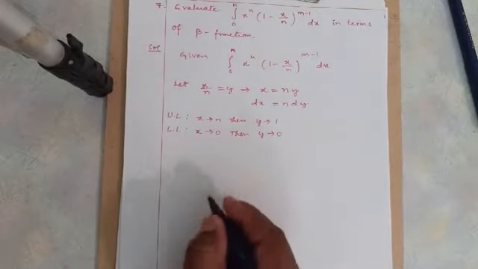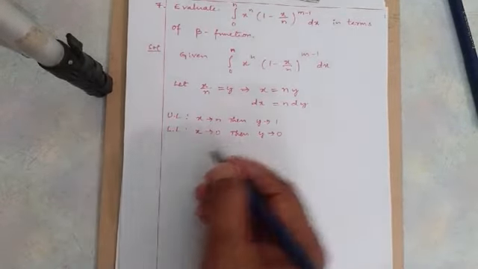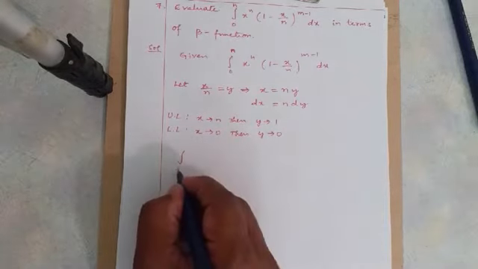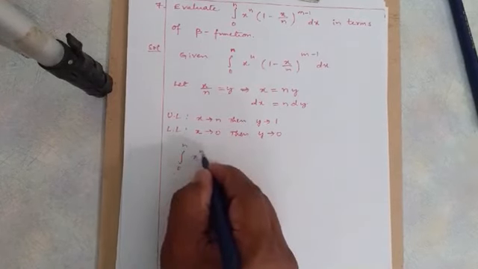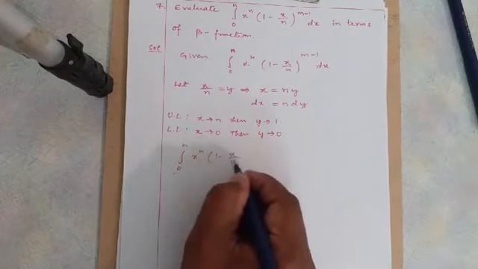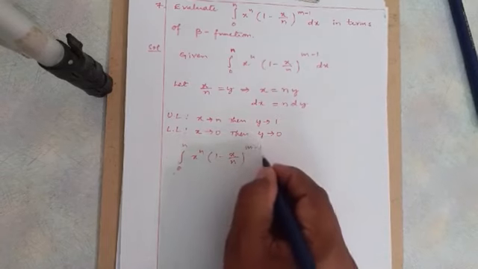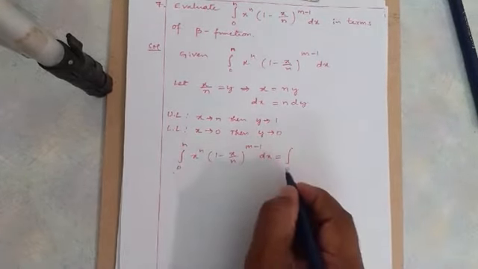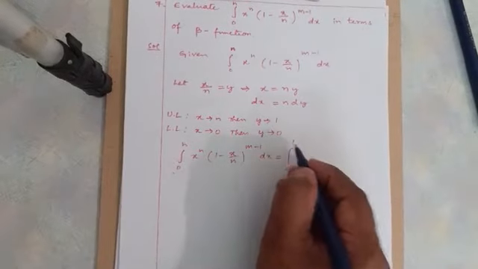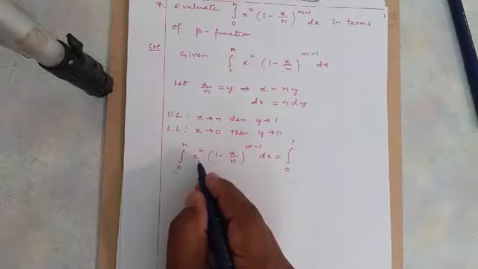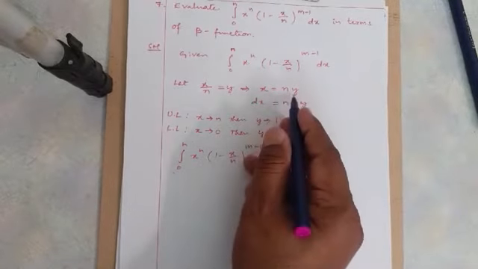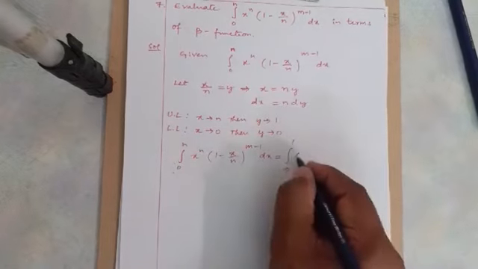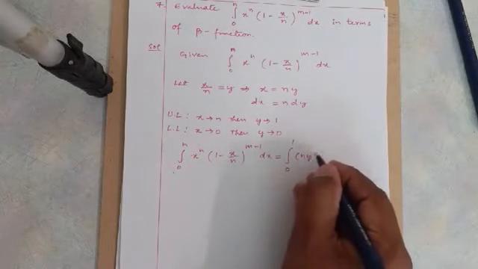Now when you substitute in the given problem, we write once again: integral 0 to n x power n into (1 minus x upon n) whole power m minus 1 into dx is equal to, in the place of the lower limit you write 0, in the place of the upper limit you write 1, in the place of x power n, as x is equal to n into y, we write (ny) whole power n.